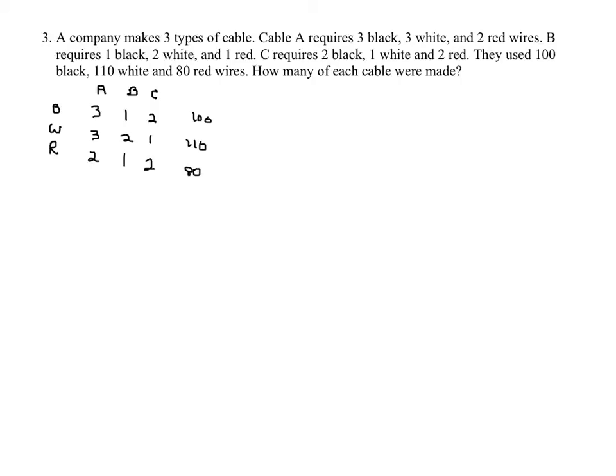For the equation associated with the black wiring, it would be 3 times the number of A cables plus 1 times the number of B cables plus 2 times the number of C cables is equal to 100. And then the second equation would be associated with the white. And the third equation would be associated with the red.